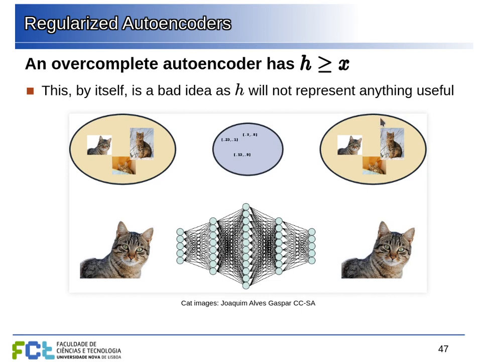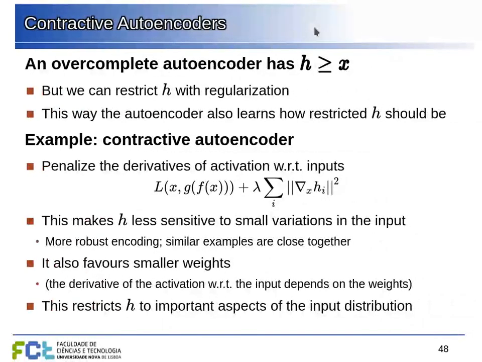So this is a very simple example, but we can have more complicated examples by looking at images or any kind of realistic data. We can also do overcomplete autoencoders. These by themselves do not seem to be a good idea because we have a hidden representation that has a higher dimension than the input and the output, but we can impose different constraints on the autoencoder using regularization.